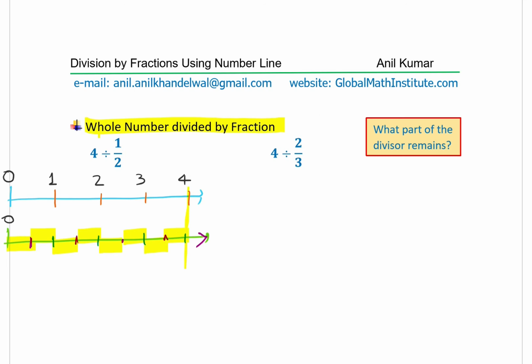So we can write down our answer, which is 4 divided by half is equal to 8. There is no remainder. Perfect. Now let's do the next example, which is 4 divided by 2 over 3.